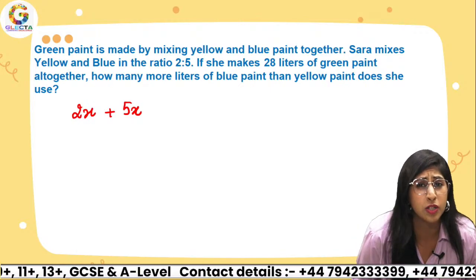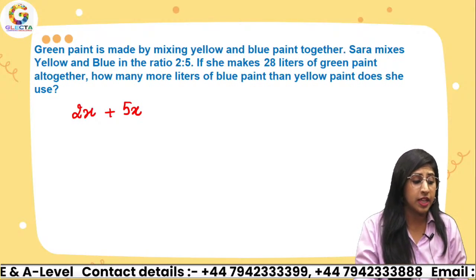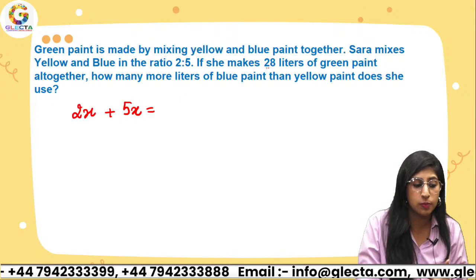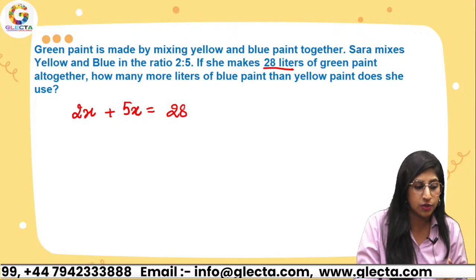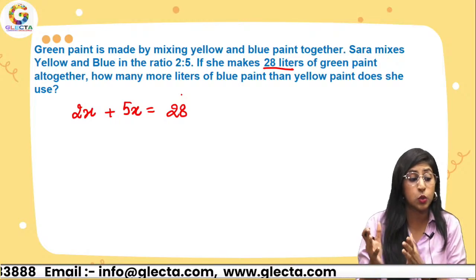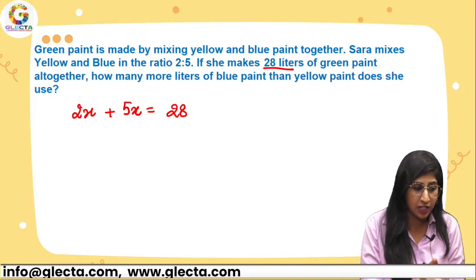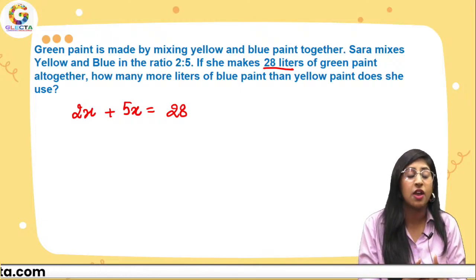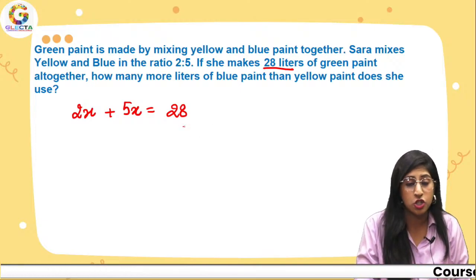The number of parts we are trying to divide it into, like 2x plus 5x equals the total, which is given to be 28 liters. We are saying that she makes 28 liters of green paint altogether. So how many more liters of blue paint than yellow paint does she use?